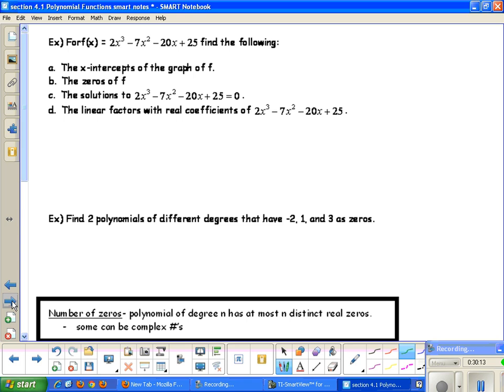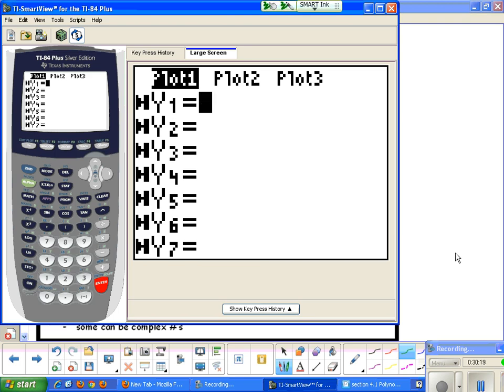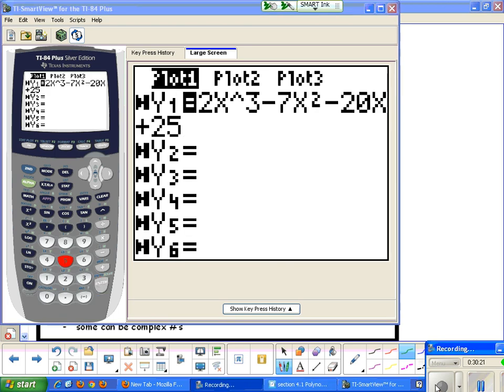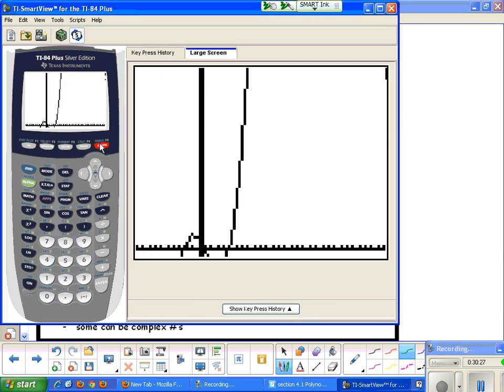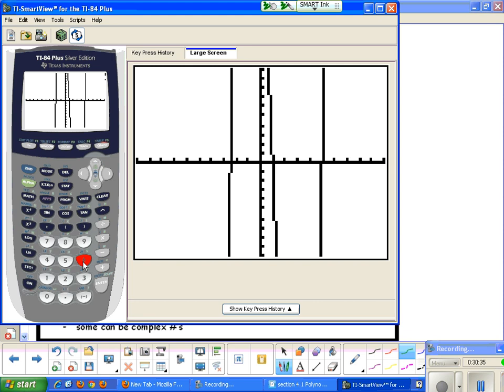So for the x-intercepts of the graph, the easiest thing to do would be to first plug this into my calculator. I'm going to pause it. Now that I have the equation in my y equals, I can go to my graph, and I'm going to hit zoom 6 to get a better look at the window.